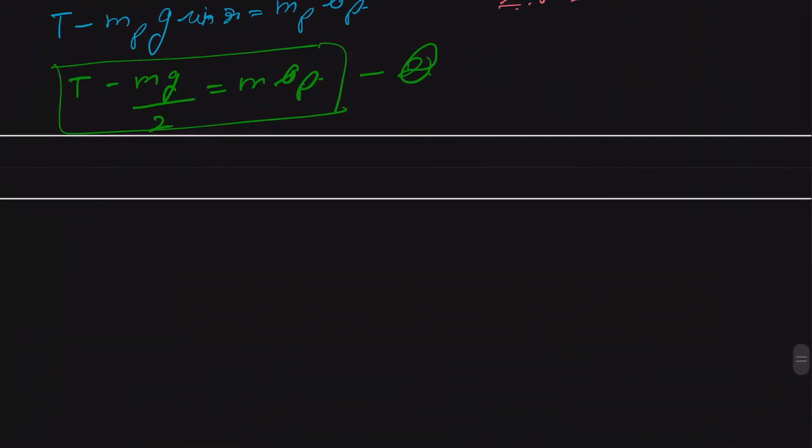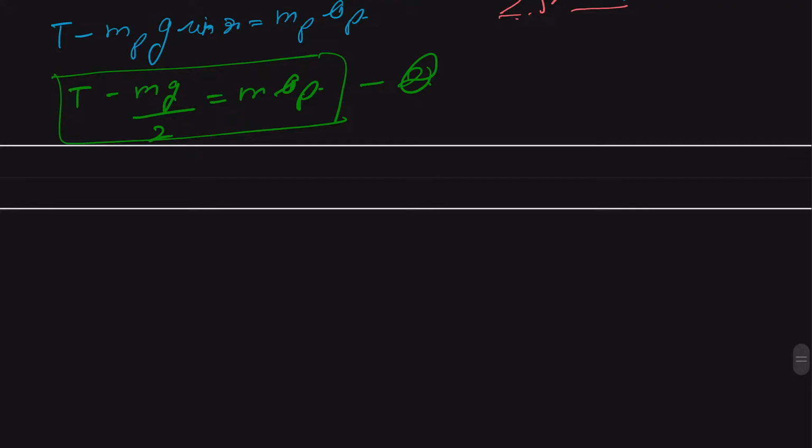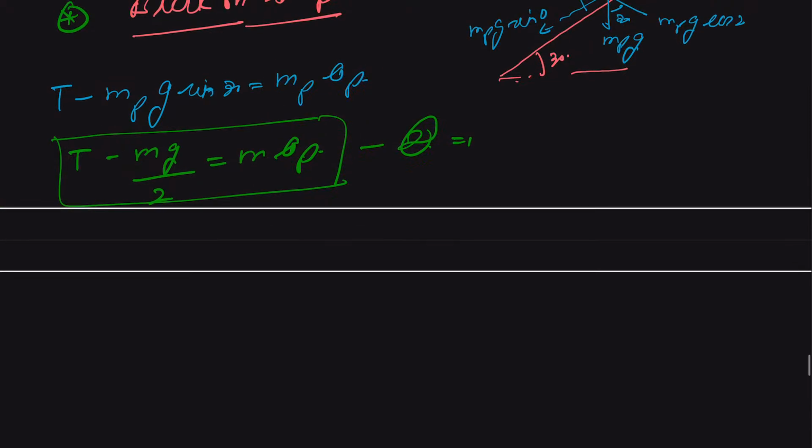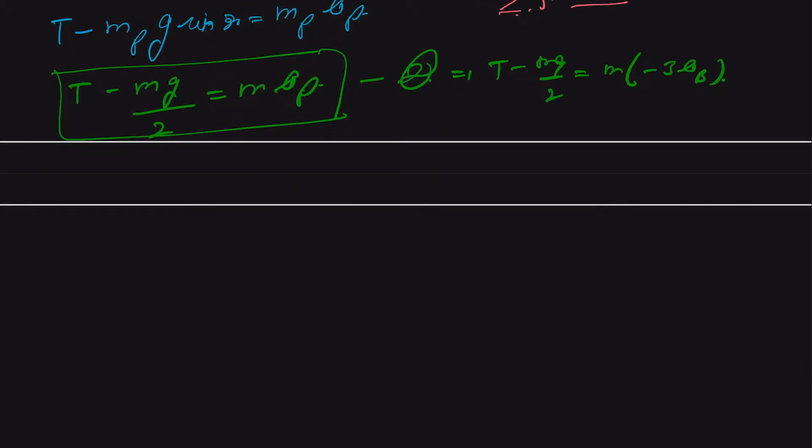Therefore we can write this equation number 2, we can further write it with our A of P. So this comes as T minus mg by 2 is equal to M, and A of P is our minus thrice acceleration of our B. And therefore we can say that our tension T is equal to mg by 2 minus thrice M A of B.